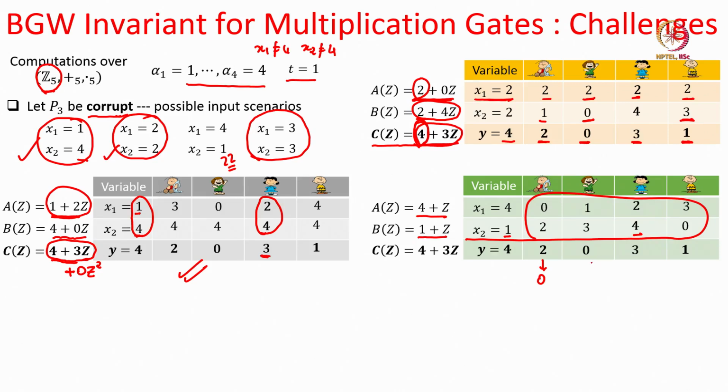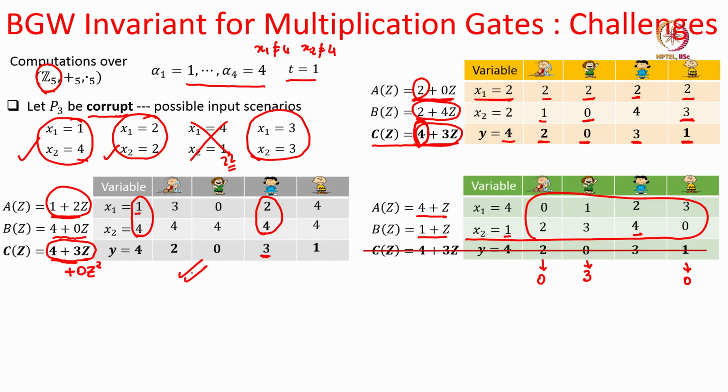P2 should have made 3 public as its share of y, and P4 should have made public 0 as the share for y, but they have made public the shares 2, 3 and 1 respectively. So, that means now the adversary can rule out this possibility.